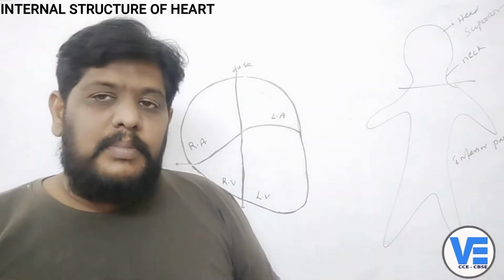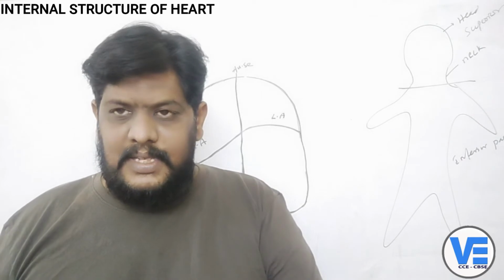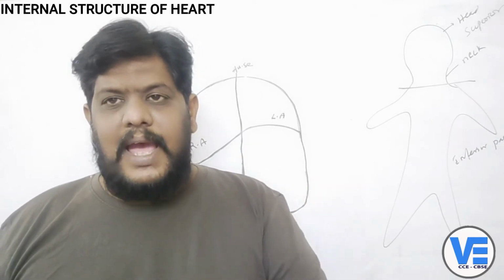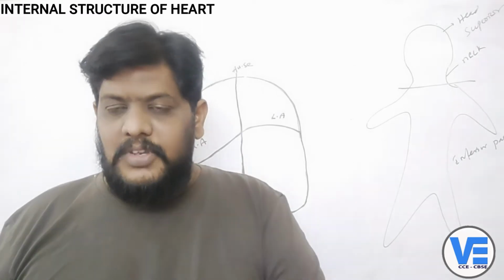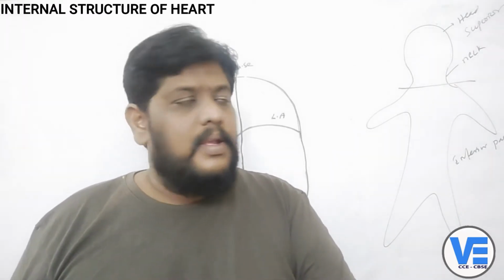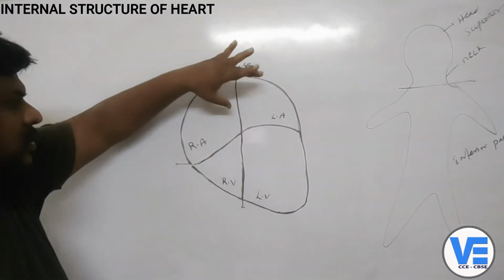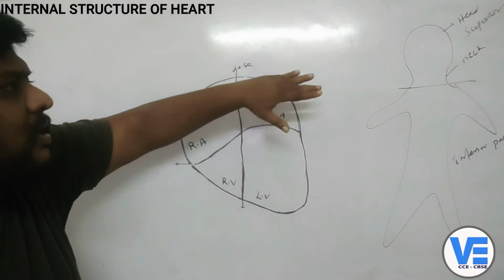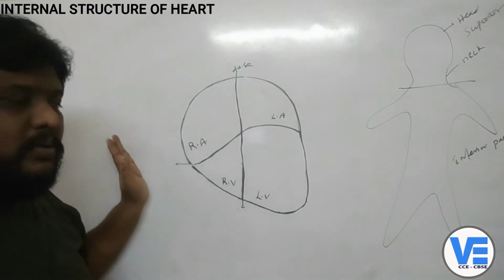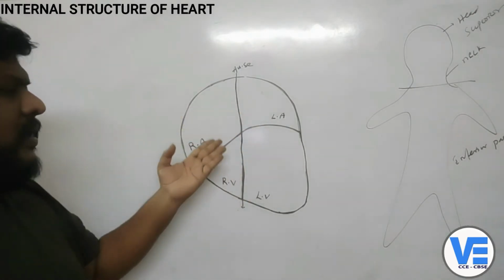What is deoxygenated blood? Deoxygenated in the sense, the blood which has carbon dioxide, which doesn't have the oxygen, right? Now that blood should come to the heart. So there should be some blood vessels bringing that blood to the heart. There are two blood vessels which bring that blood to the heart.